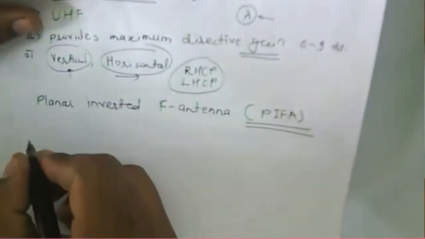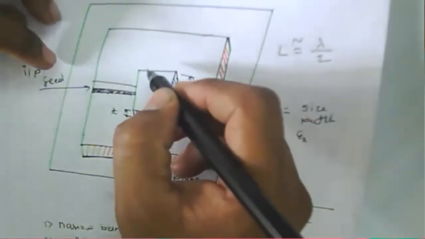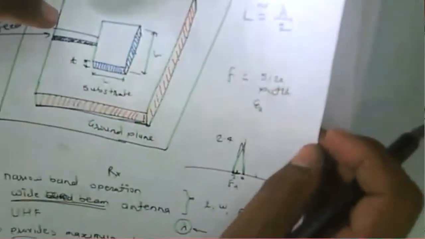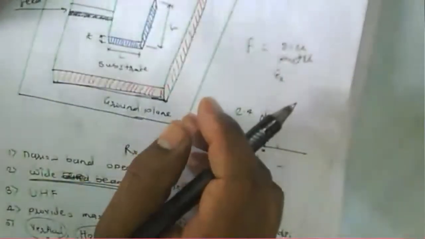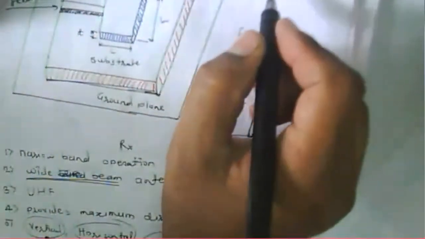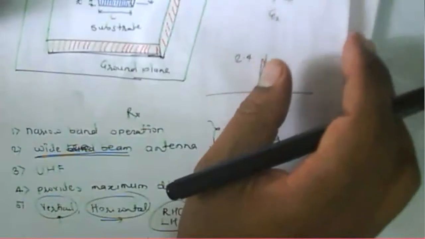For a rectangular shape, the length of this particular patch is about lambda by 2. But these inverted antennas can be developed using a quarter wavelength. You can develop this patch using a quarter wavelength, which means lambda by 4, instead of lambda by 2.